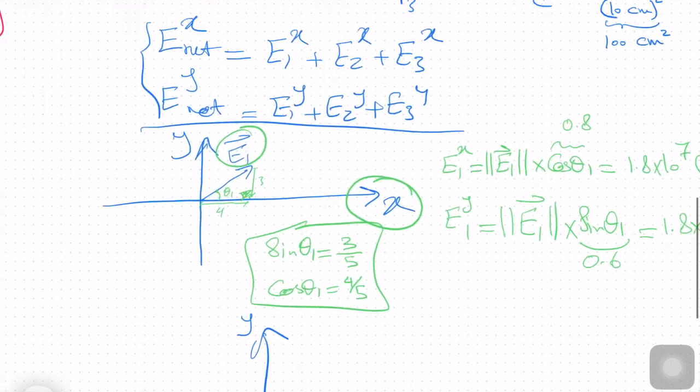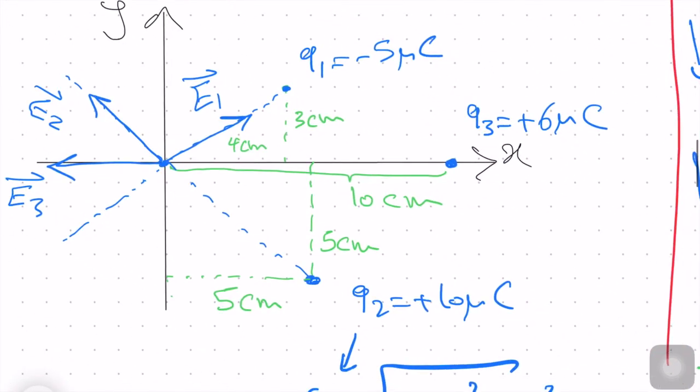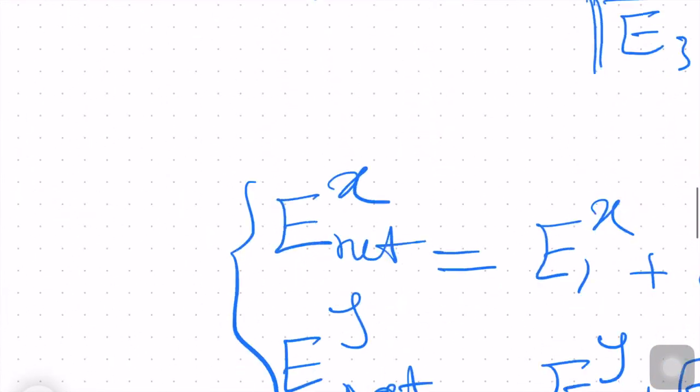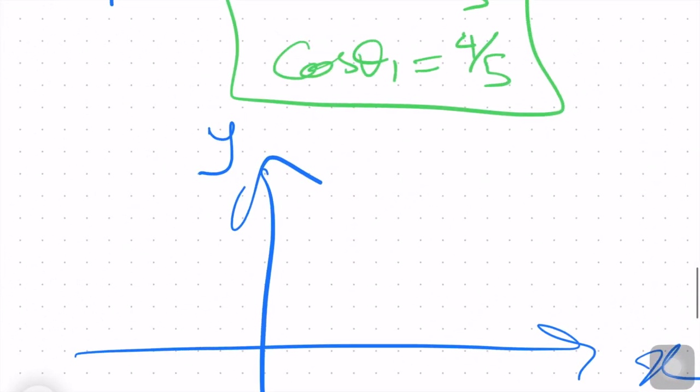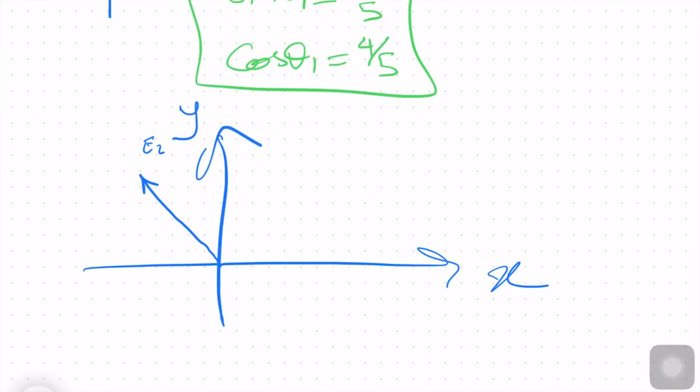So let's look at the situation with E2. E2 is pointing in that direction. Let me redraw it here, I just don't want to make the figure too crowded. If this is E2, basically it's going to be the hypotenuse for some triangle here that we're trying to find the angle for.